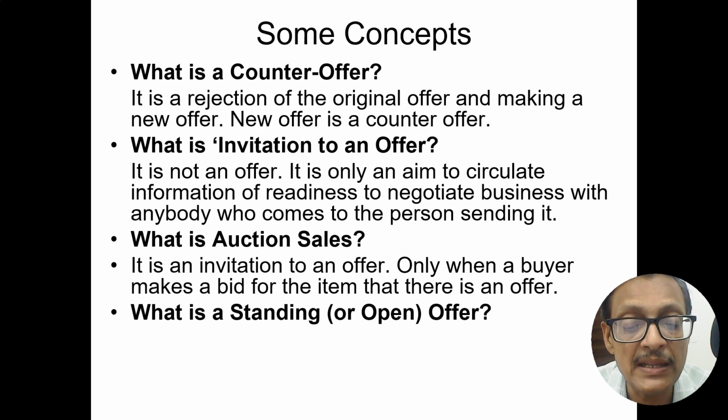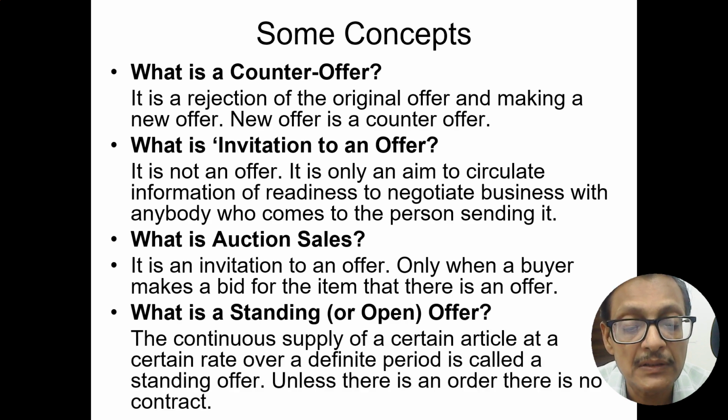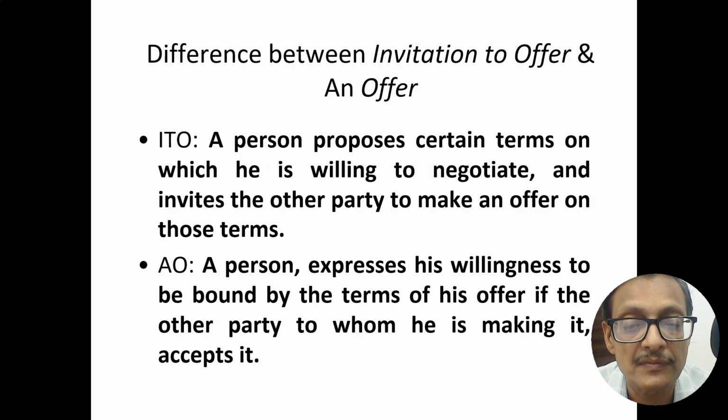What is a standing or open offer? The continuous supply of a certain article at a certain rate over a definite period is called a standing offer. Unless there is an order, there is no contract. So every time, like on a monthly basis, at a certain rate, the offer is taking place on a monthly basis, and you are accepting it. This is a standing or open offer.